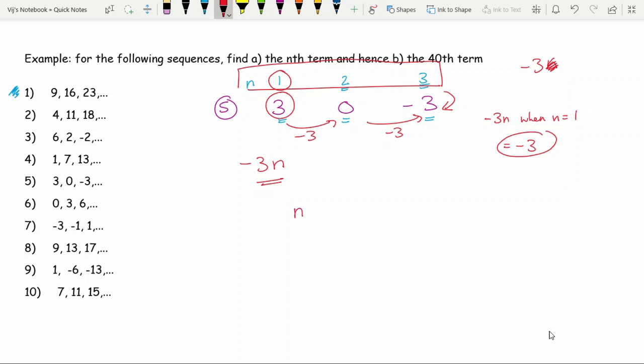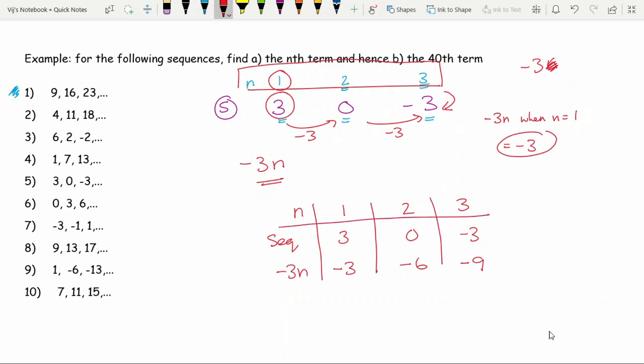So if I had n as 1, 2, 3, I had the numbers in the sequence, which are 3, 0 and minus 3. And then I've got minus 3n, so I'll end up with minus 3, minus 6, minus 9. And again, all I've done there is substituted the n number into my minus 3n.